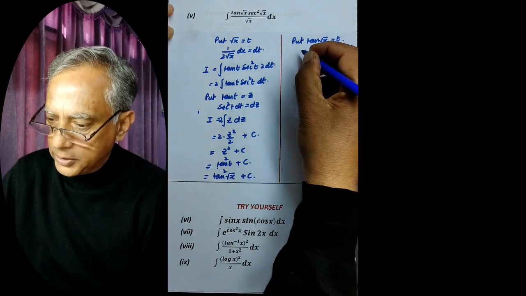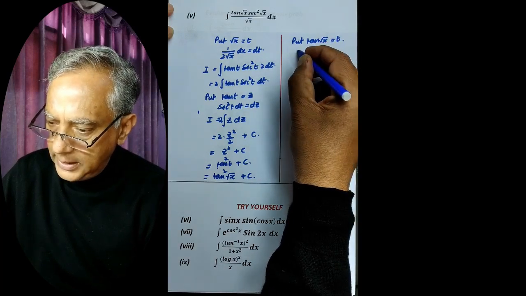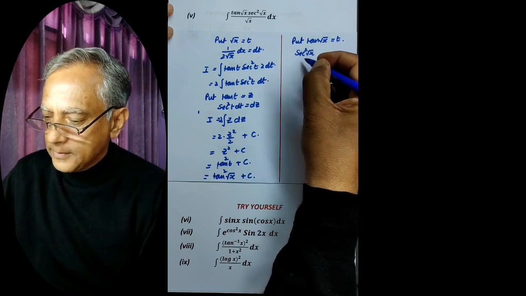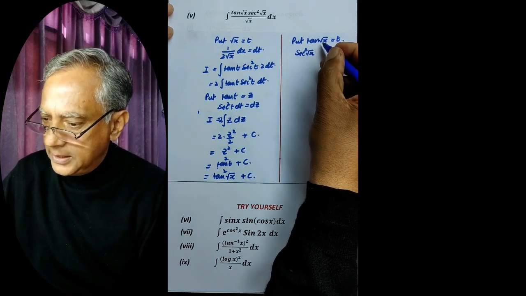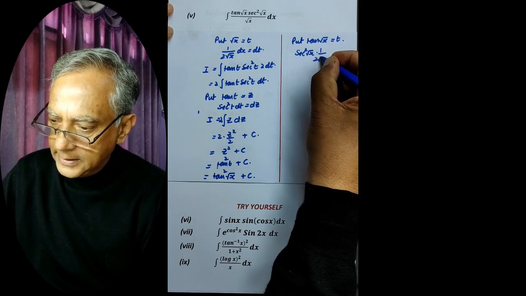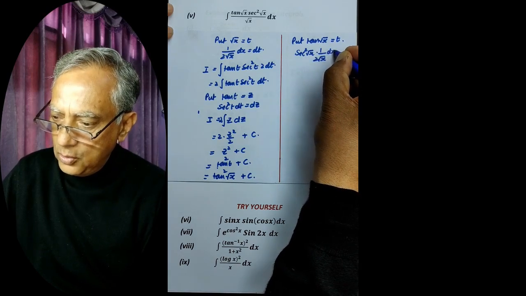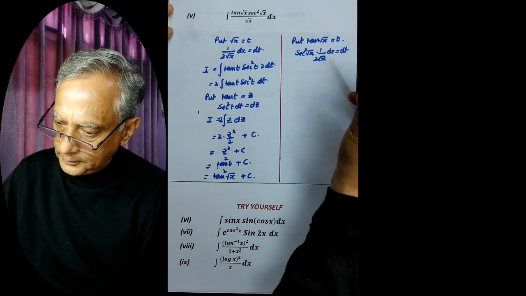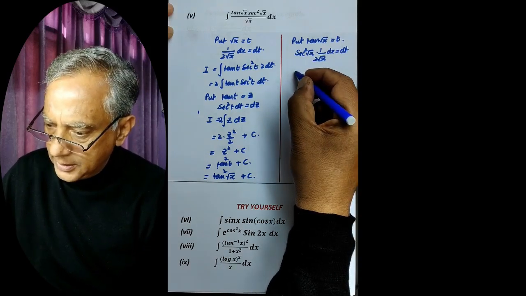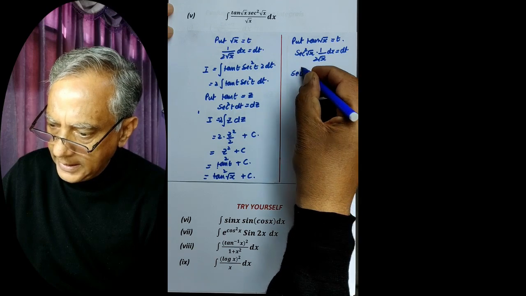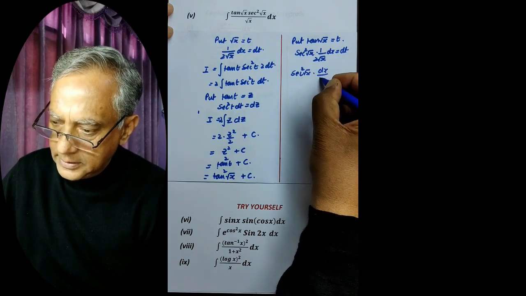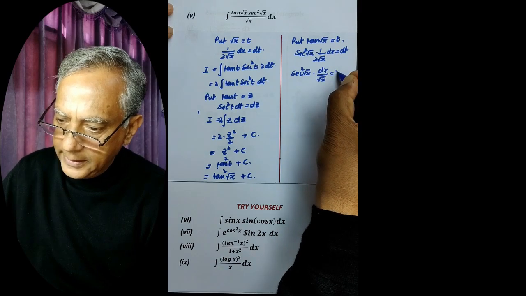So differentiate both sides. We will have secant square root x. Differential of tangent is secant square, and differential of inner function, this is 1 by 2 root x dx, is equal to dt, and therefore we can write secant square root x into dx by root x is equal to 2 dt.